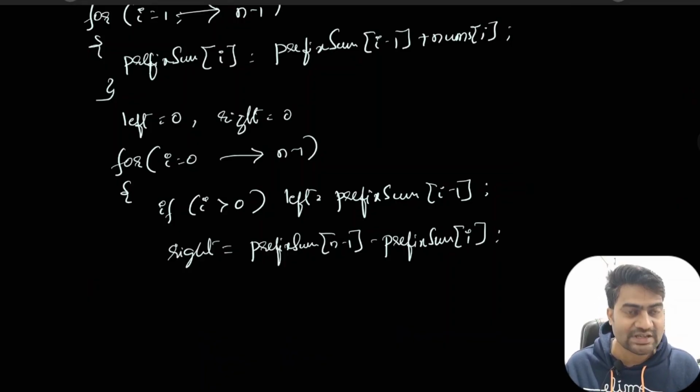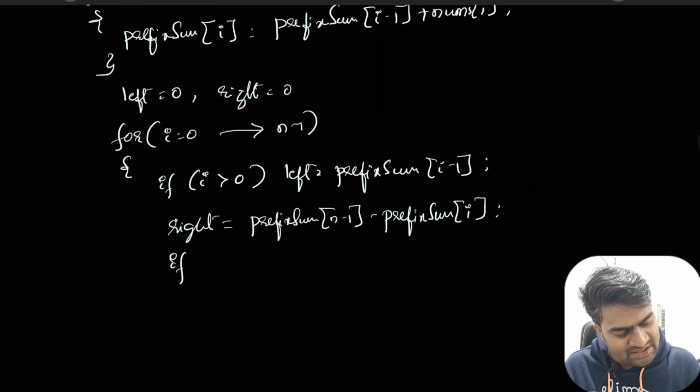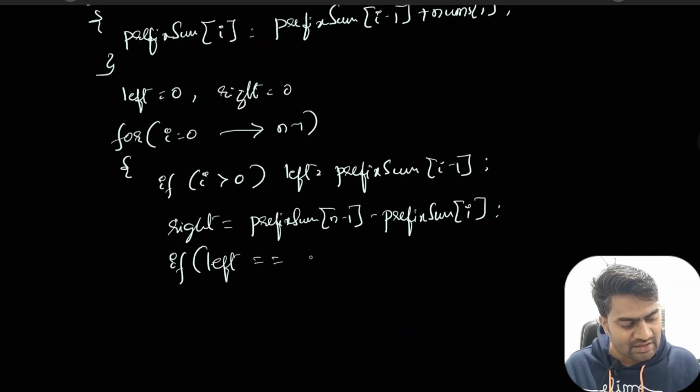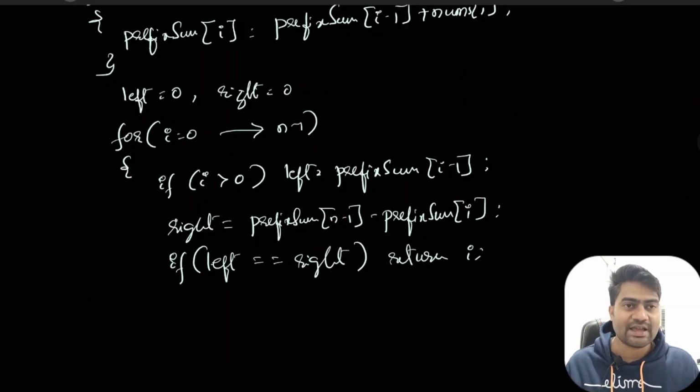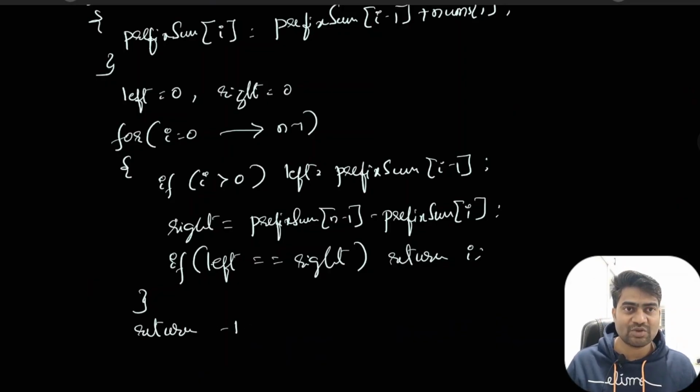So this will give us the right value. Now I will check if my left and right are equal. Immediately after that, I will simply return I. If that is not the case, finally at the end, I will simply return minus 1 because we never found the pivot index.